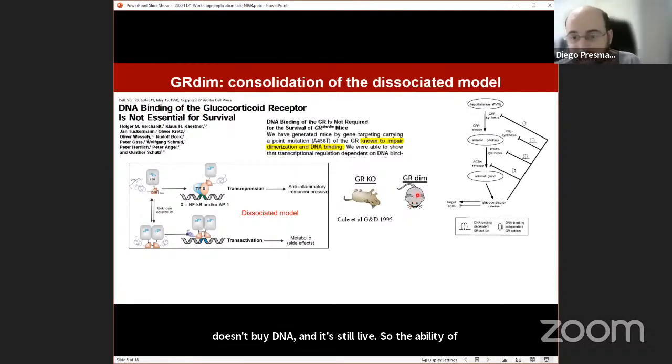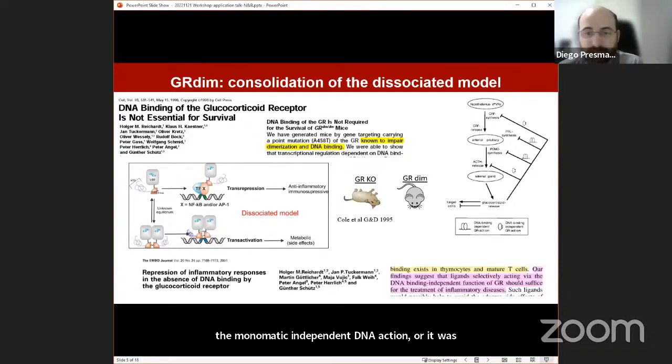And then by comparing this mutant with the wild type, you can basically look at any pathway of GR and say whether it was happening through the monomeric, DNA-independent action, or it was dependent on DNA binding and therefore on the dimeric action of the receptor.